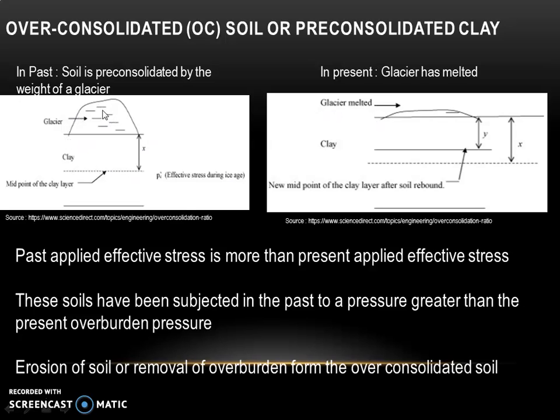And we say that these soils have been subjected in the past to a pressure more than the present overburden pressure. Here the overburden pressure is less due to melting of the glaciers. Erosion of soil or removal of overburden forms the over-consolidated soil.